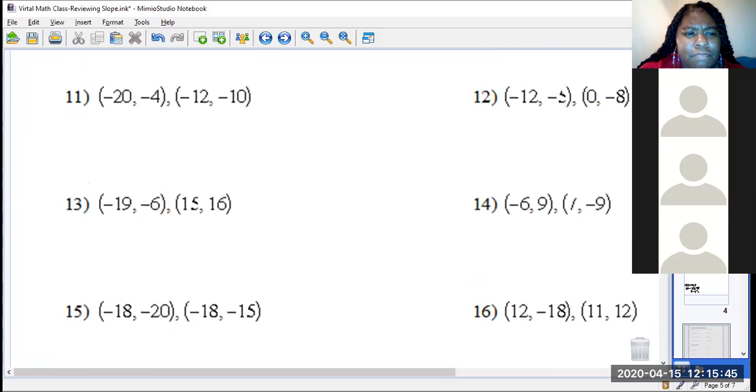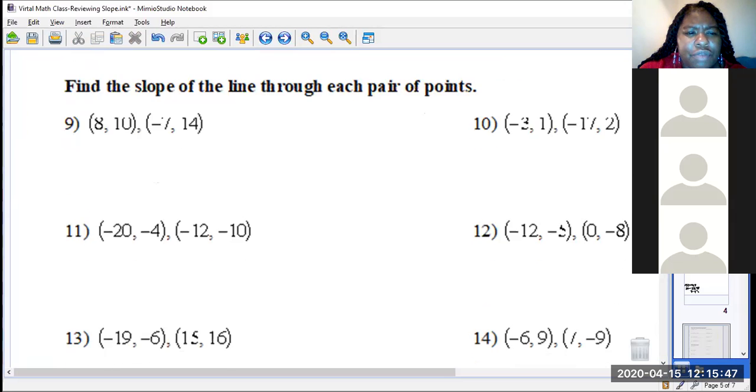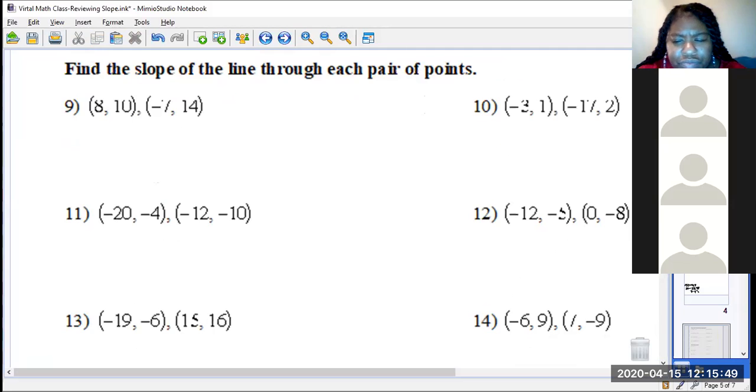Okay, hold on. So this is what I want you to work on. Then after this, we're gonna put a little bow on it and wrap it up. Actually, I just moved it up. So I want you to work on 9, 10, and 11. Those are the only three I want you to work on.